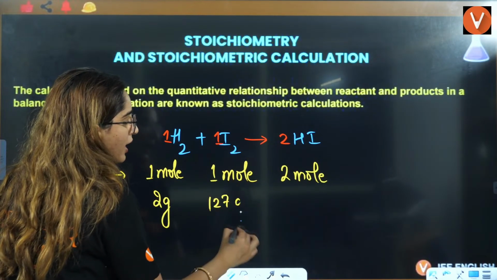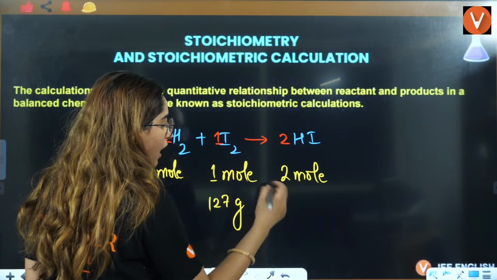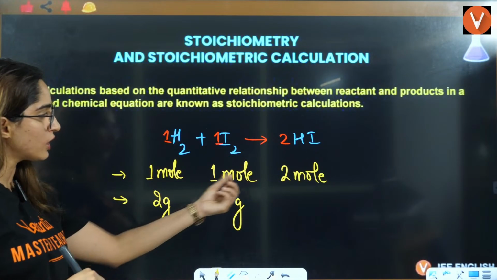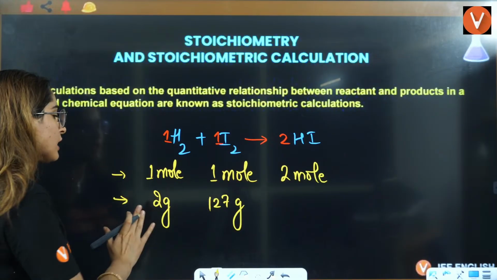Okay, 127 grams to give how much? 2 of HI, so that is the total amount produced.